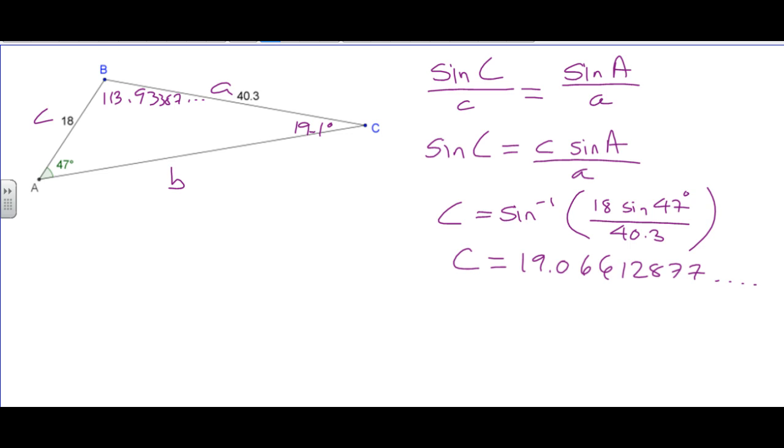All right, so what are we trying to figure out, little b? Our known is little a and sine A. The nice thing is we only have to use the sine law once to figure out an angle, because that's the pain part, doing the angle, because you have to get this inverse sine.